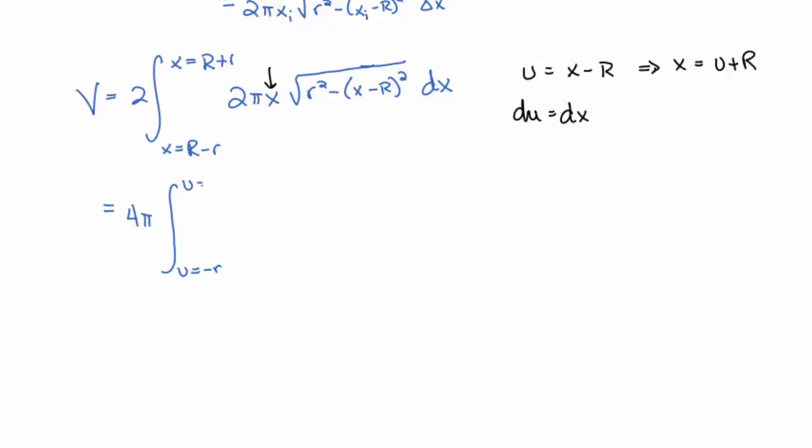And if x was capital R plus r, u would be little r. And again, x is now replaced with u plus capital R, and we have the square root of little r squared minus little u squared du.